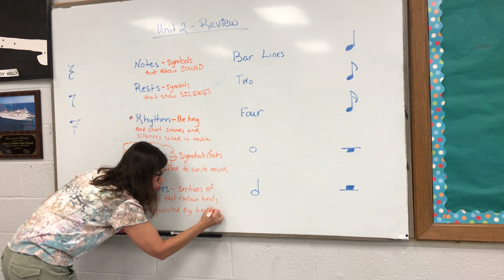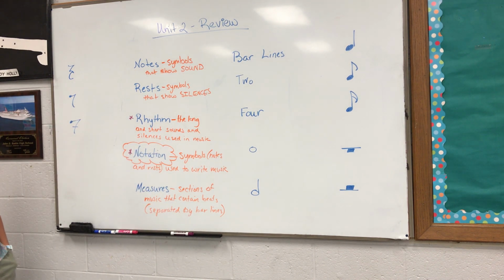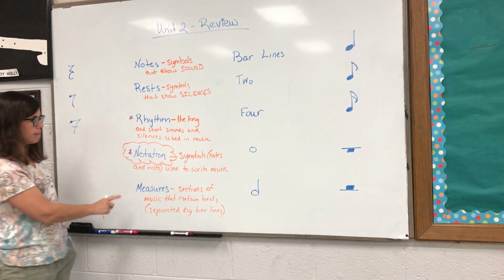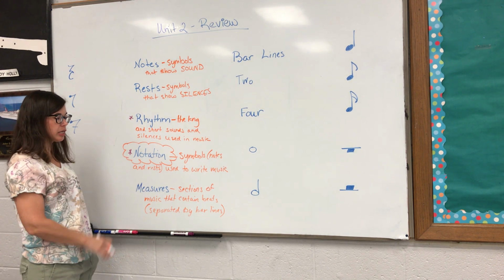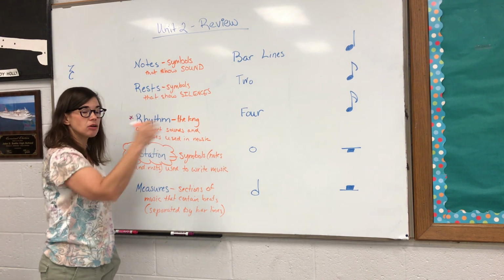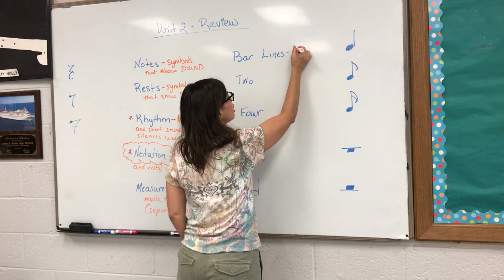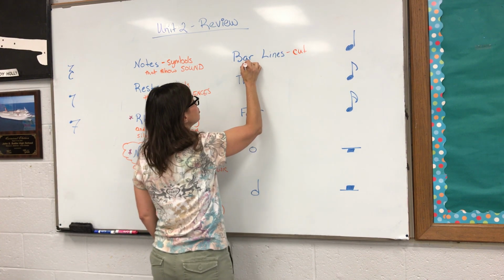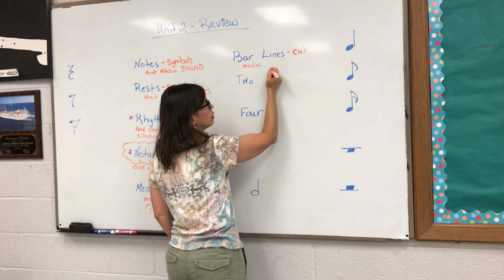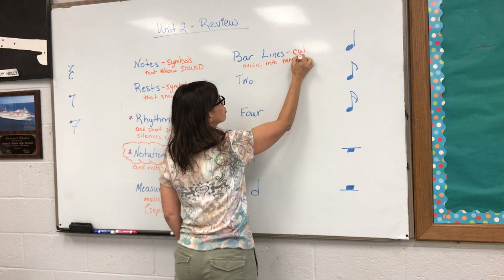This definition should be almost word for word on that assessment, okay? So use your music binder. Take these notes, okay? Measures are those sections of music that contain the beats, and the bar lines are what cut the music into sections, which brings us to this one. Bar lines cut music, or separate music, it might be that word, separate, music into measures, okay?